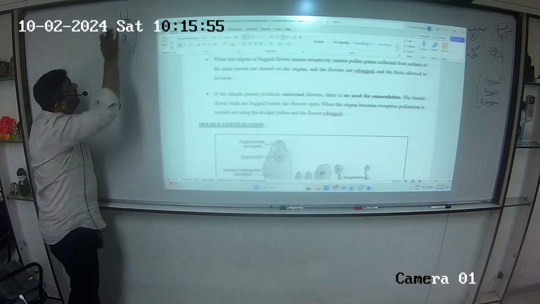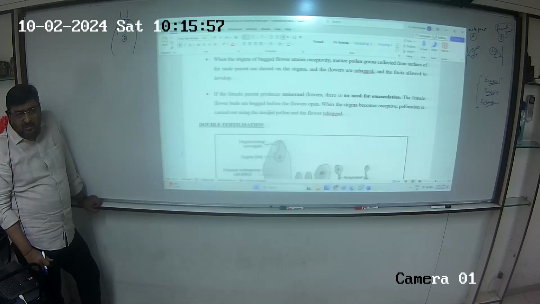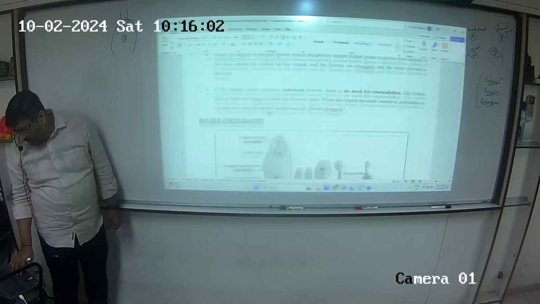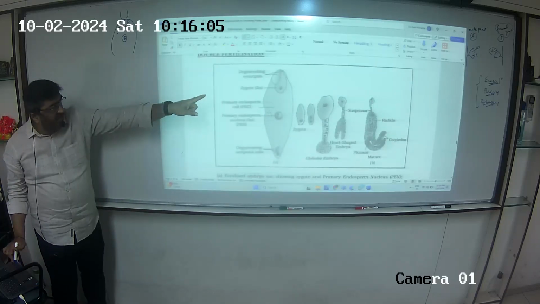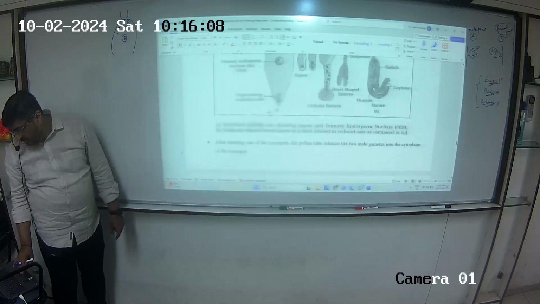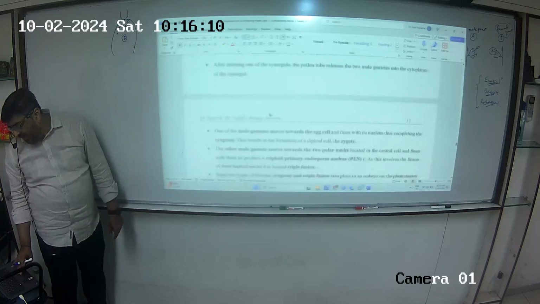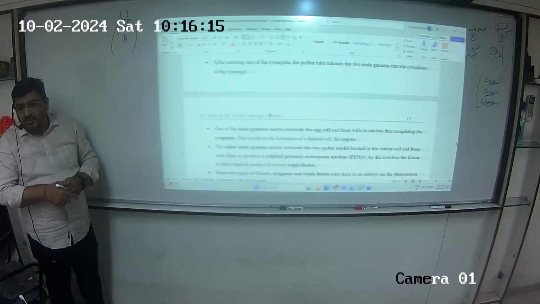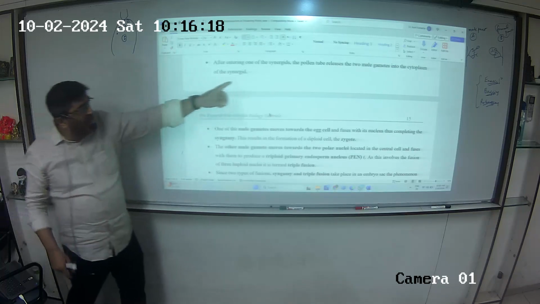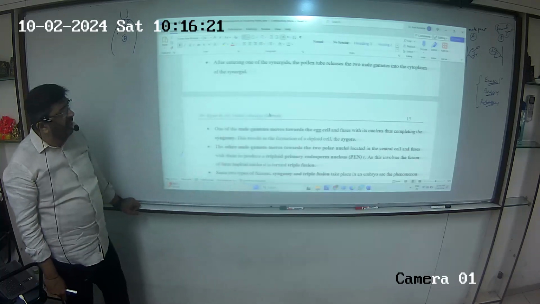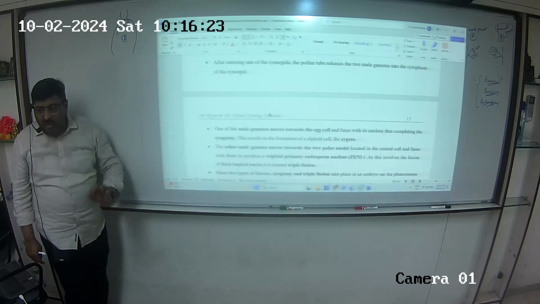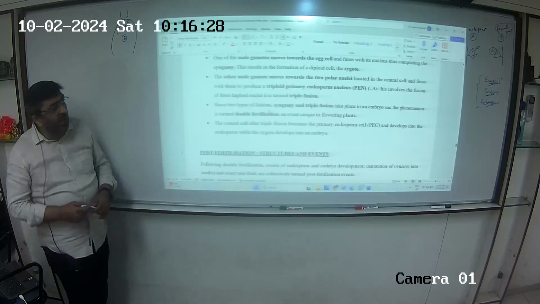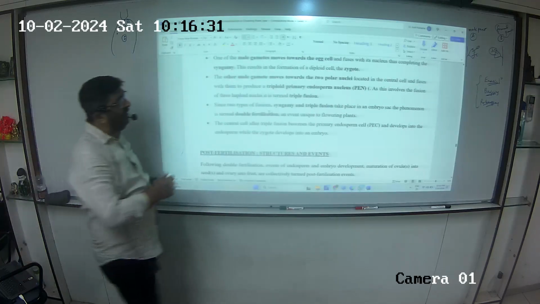One synergid has undergone degeneration. Everybody follow the steps now, please. This diagram we will come to towards the end of the session. After entering one of the synergids, what has happened to that synergid? Degenerated. The pollen tube releases the two male gametes in the cytoplasm of the synergid, right? Now after degenerating it, it will come out. One of the male gametes moves towards the egg cell.